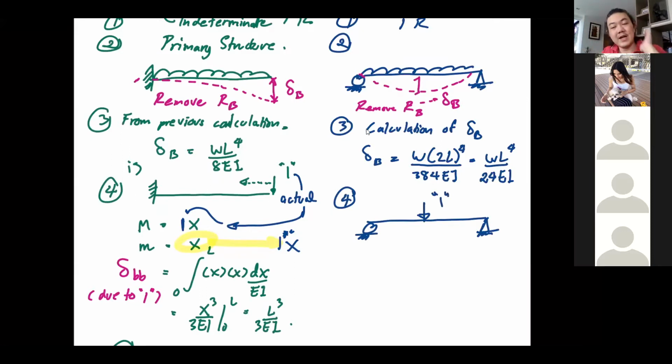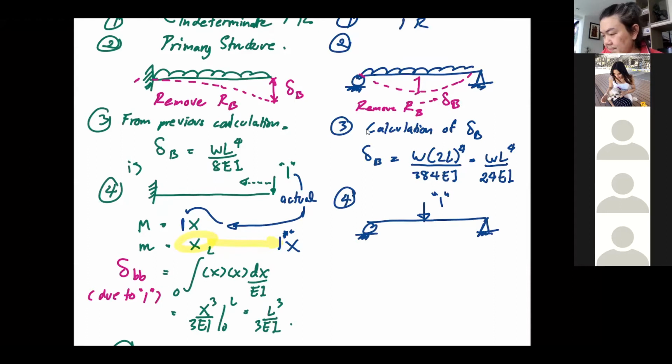And you guys must understand that we have to apply the force where you remove the reaction. Okay, you can't apply anywhere else.